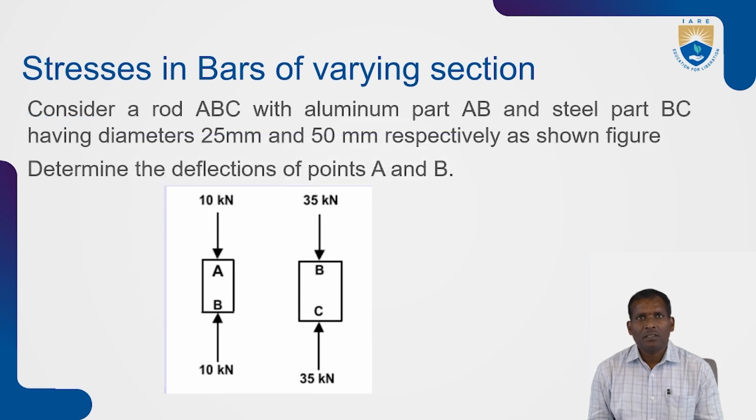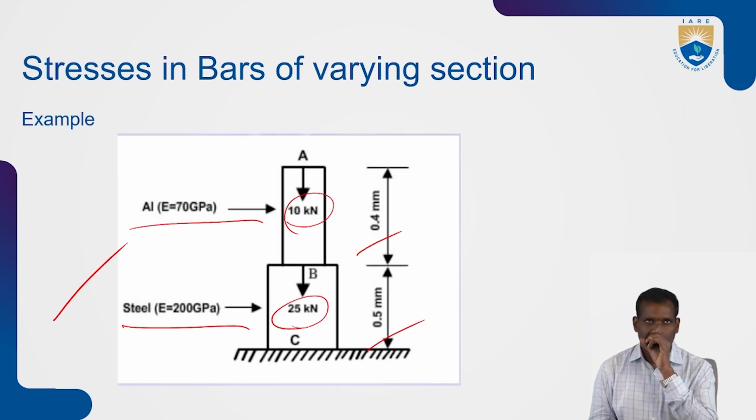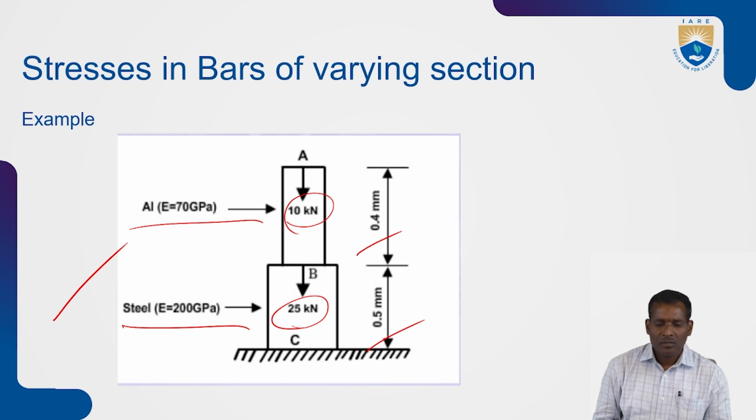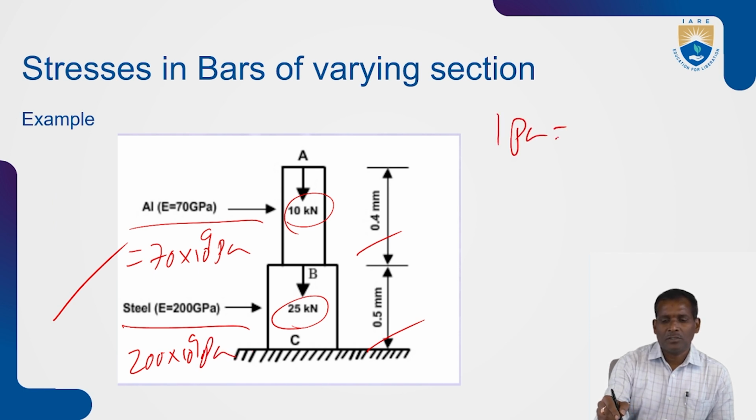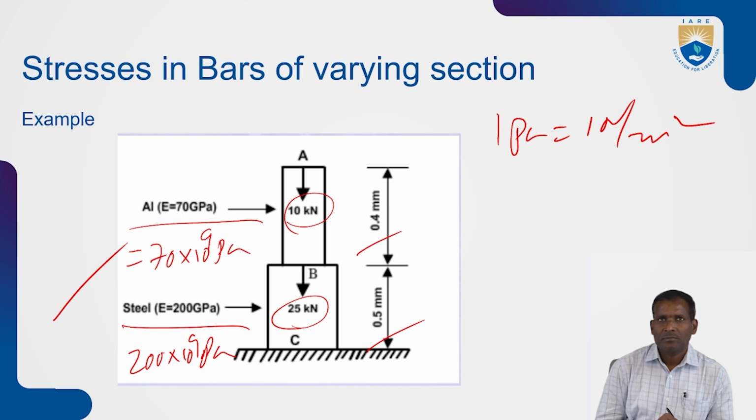In this, we need to calculate stresses. So E is equal to 70 gigapascal, converted into pascal, 70 into 10 to the power of 9 pascal, and 200 into 10 to the power of 9 pascal. 1 pascal is equal to 1 newton per meter square. Clear?